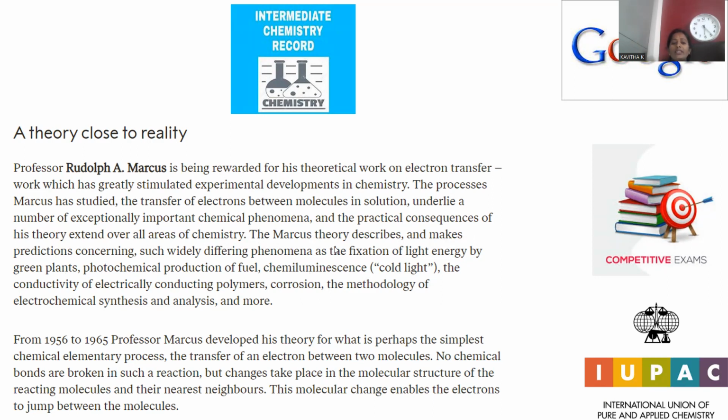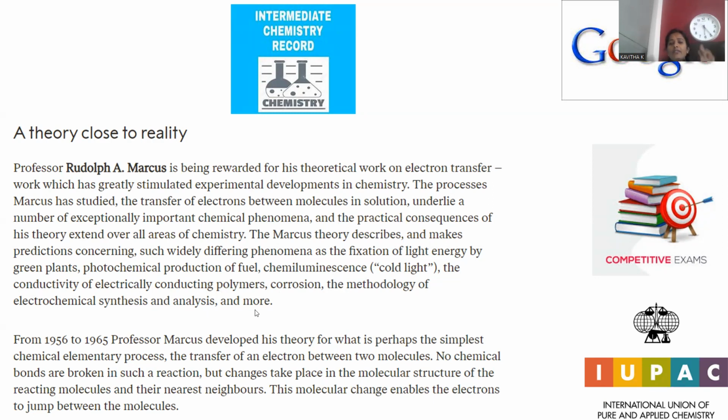Right, the Marcus theory describes and makes predictions concerning such widely differing phenomena as the fixation of light energy by green plants, photochemical production of fuel, chemiluminescence, which is also called cold light, the conductivity of electrically conducting polymers, corrosion processes, and methodology of electrochemical synthesis and analysis.